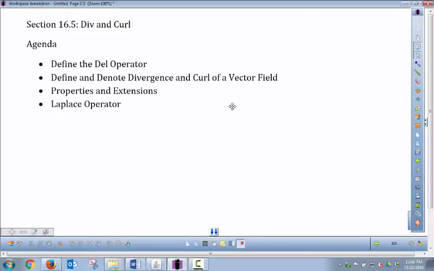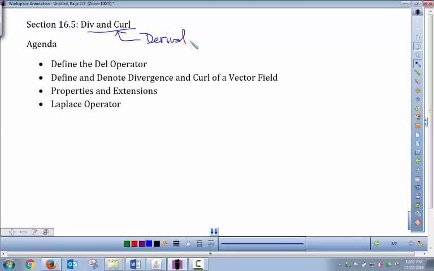We're going to study the div and the curl. So these are the derivatives of vector fields.